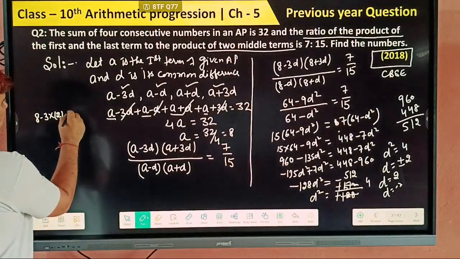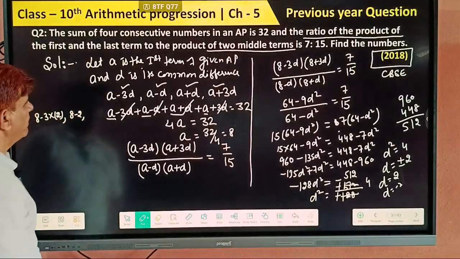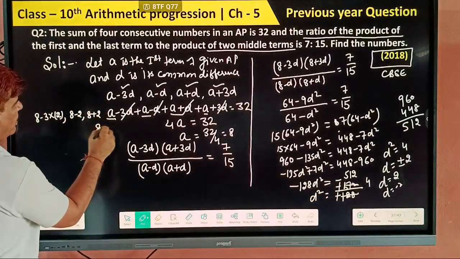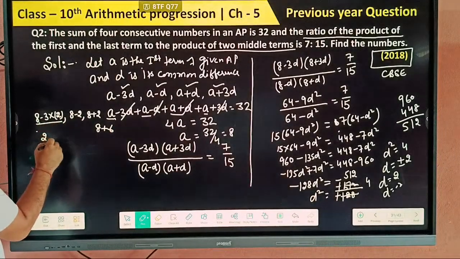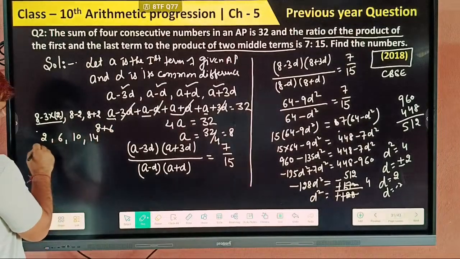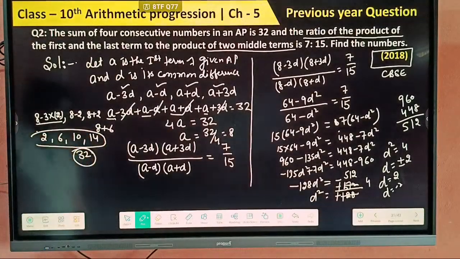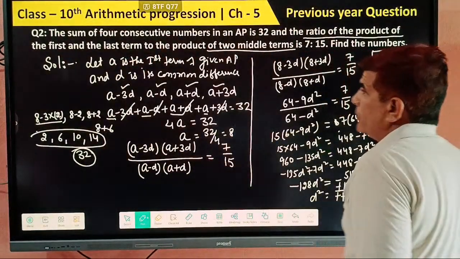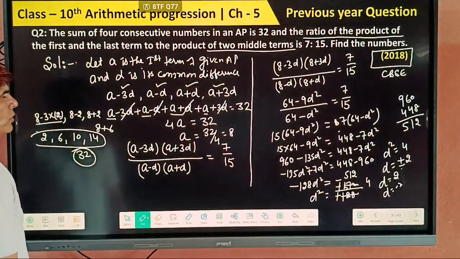Second, 8 minus 2, plus 2, taking 8 plus 2, 8 plus 6. The terms are 2, 6, 10, 14. How much is the total sum? 32. And if we take d equal to minus 2, then the sum is not equal to 32.